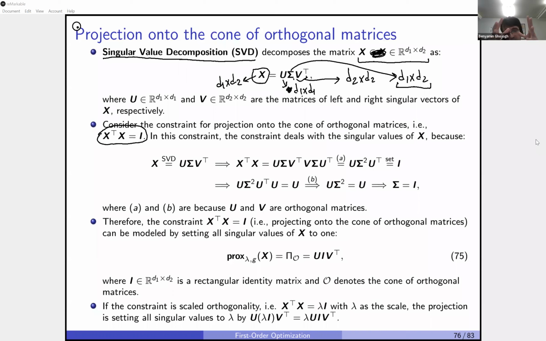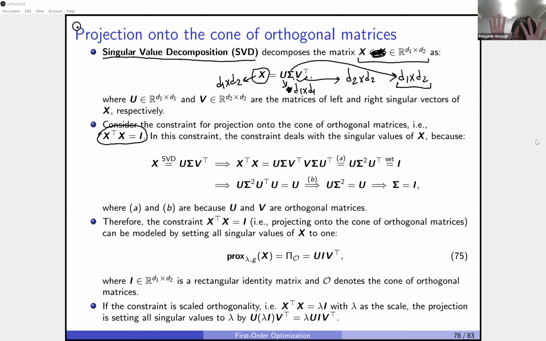There is a good connection between singular value decomposition and eigenvalue decomposition, but I'm not going to talk about it. It's a bit out of scope. But you can look at my tutorial called Eigenvalue and Generalized Eigenvalue Problems. In the appendix of that tutorial, I have talked about the connection between eigenvalue and singular value decompositions.